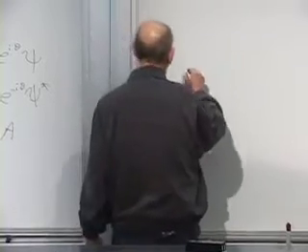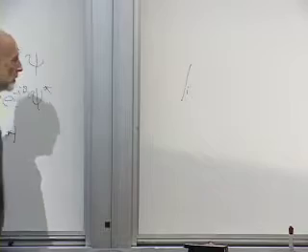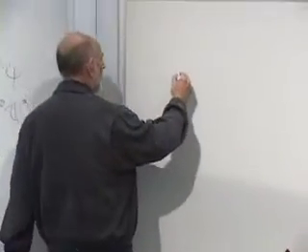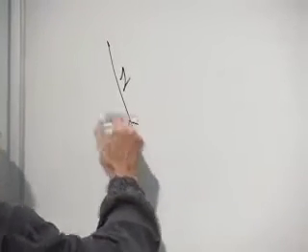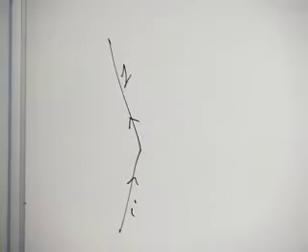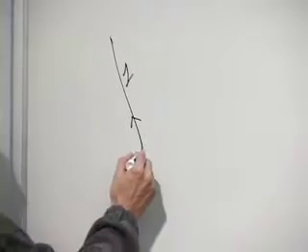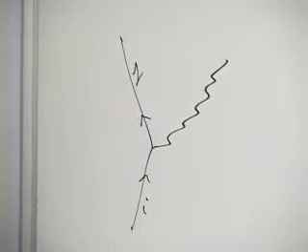If you have a quark labeled by I, where I could be red, green, or blue, and another quark labeled by J, then the ith quark can become the jth quark if a gauge boson is emitted. What kind of gauge boson?